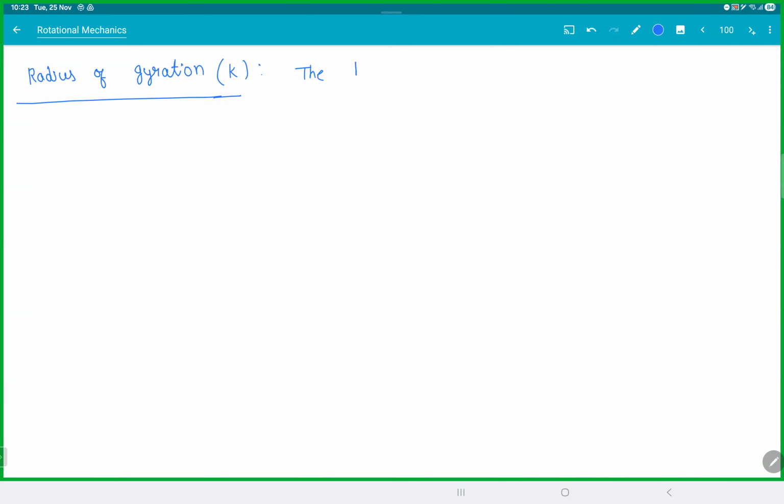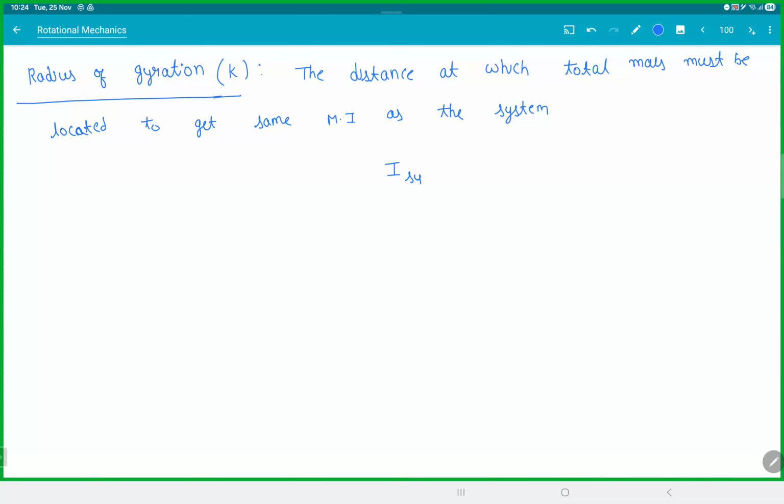The meaning is the distance at which the total mass must be located to get the same moment of inertia as the system. So the moment of inertia of the system is simply m into k square.